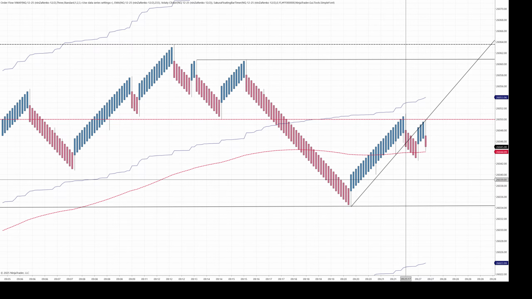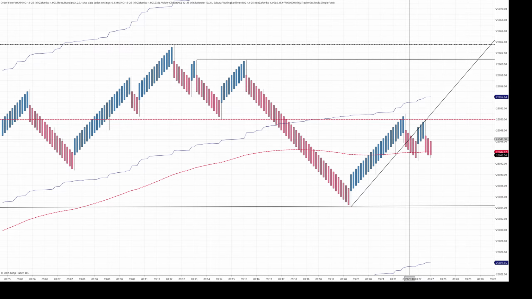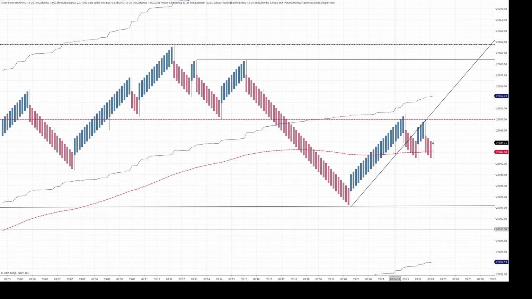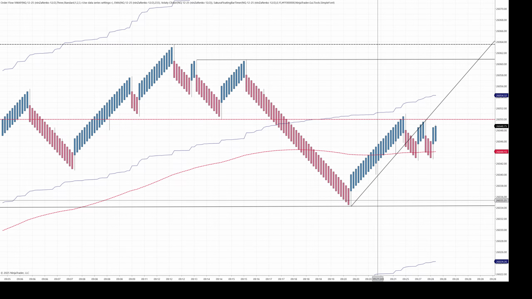And when trading this, I also like to automatically take 8 points of profit and 7-point stop loss. So my trades are almost always going to be either a 7-point loser or an 8-point winner.